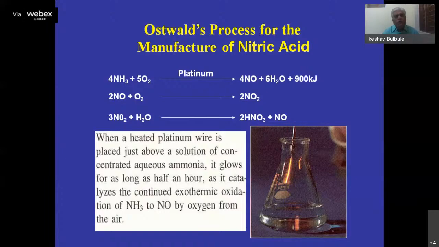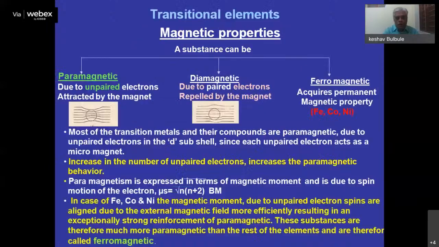There are a variety of catalysts used industrially in the production of different compounds, and such property of elements acting as catalyst is attributed only to those which come from the middle portion of the periodic table, not from S block, not from P block of the periodic table.